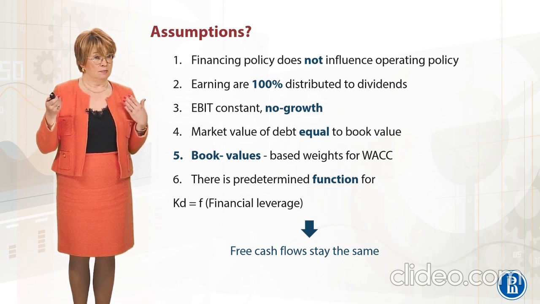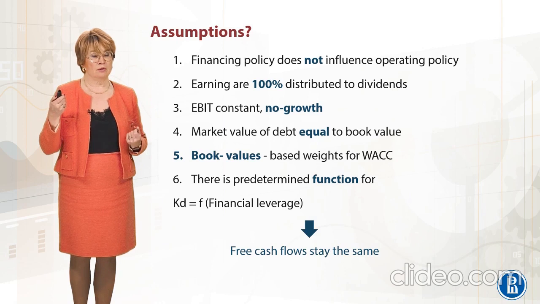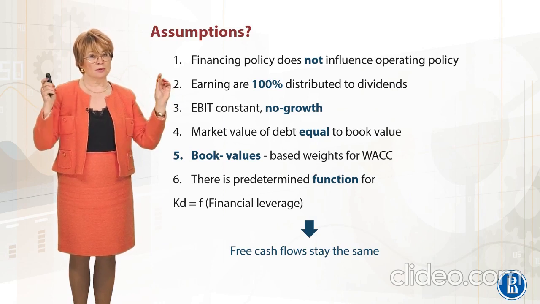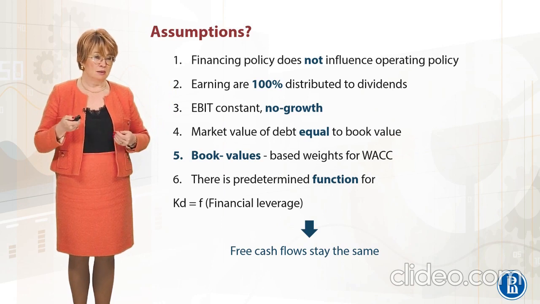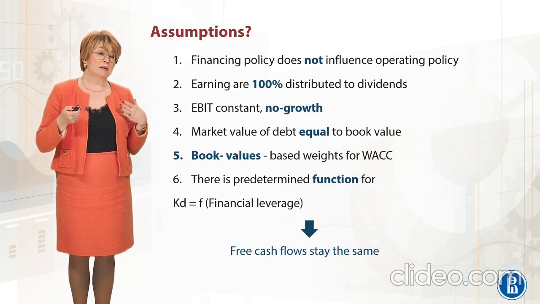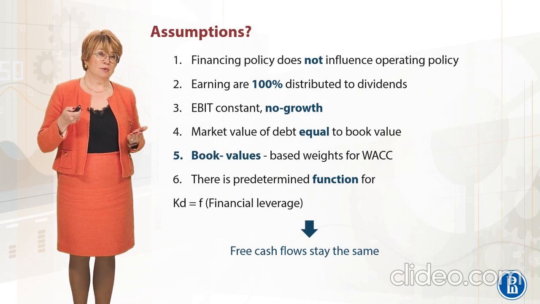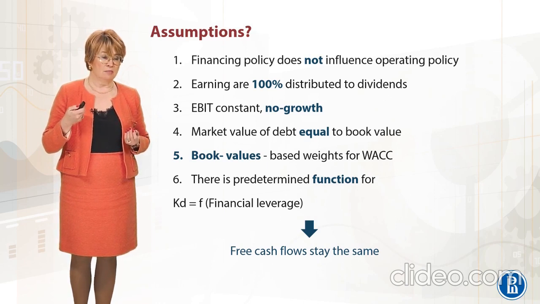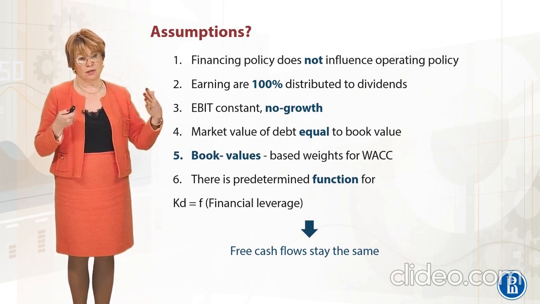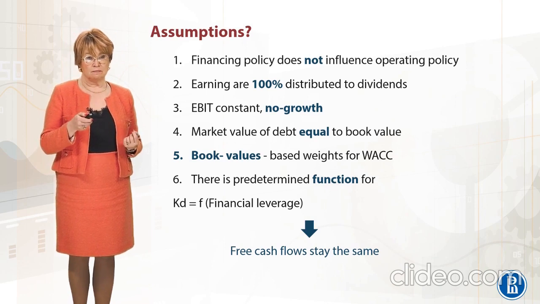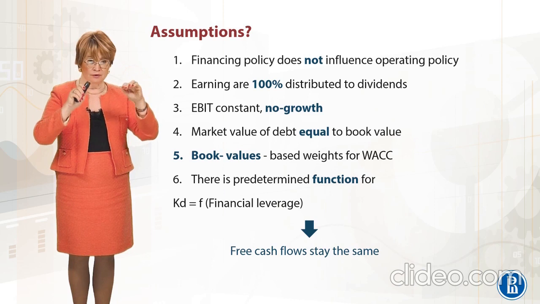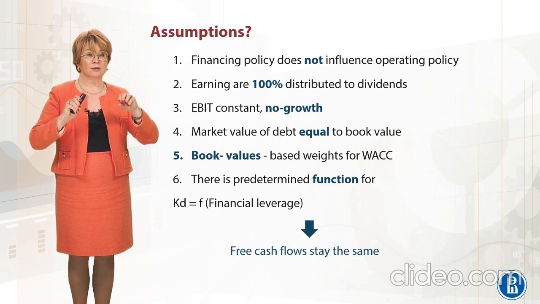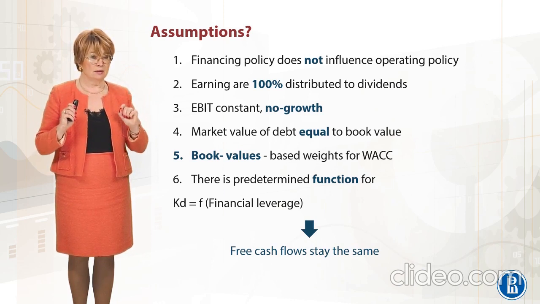And point number six says if we found some financial leverage, then applying this homemade rating approach, we are capable of estimating the likely market interest rate for the company's debt, and then we're capable of estimating the cost of debt finally. Why are we listing these, in many situations, artificial assumptions on that slide?